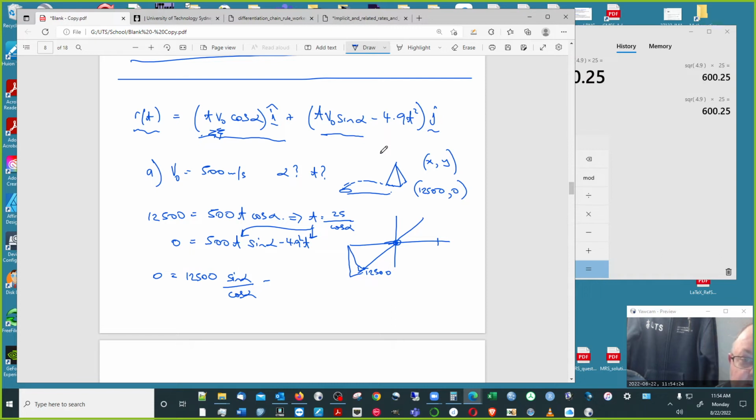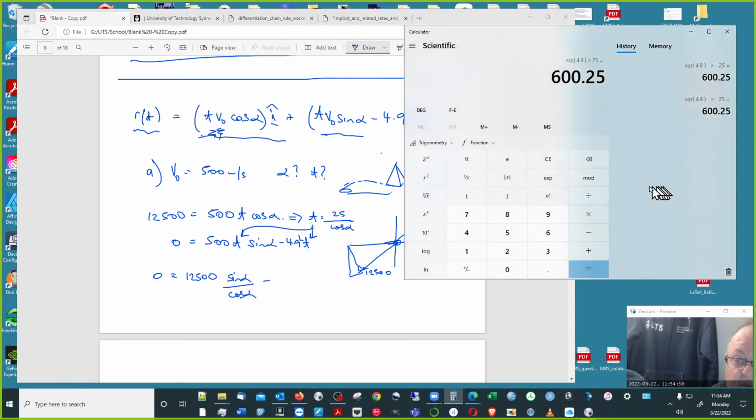Now what's happened? 4.9 t squared. Okay, so the squaring's not on the 4.9, it's on the t. So that means 25 squared. Whoops. All right, let's try it again. 4.9 times 25 squared. That's more like it. I think that's the one we wanted.